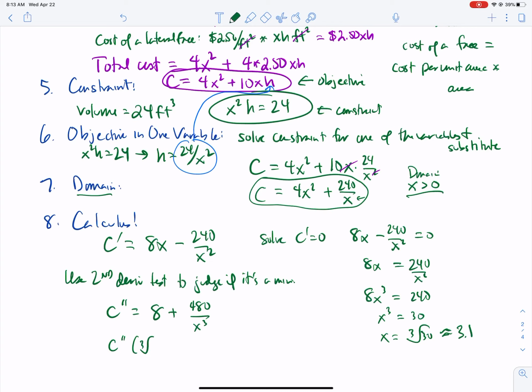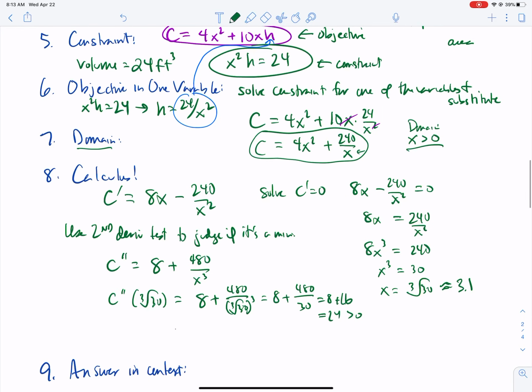C double prime of the cube root of 30 is equal to 8 plus 480 over the cube root of 30 cubed. And I get 24, which is definitely a positive number. And so since C double prime is positive, by the second derivative test, a min occurs when x is equal to the cube root of 30.